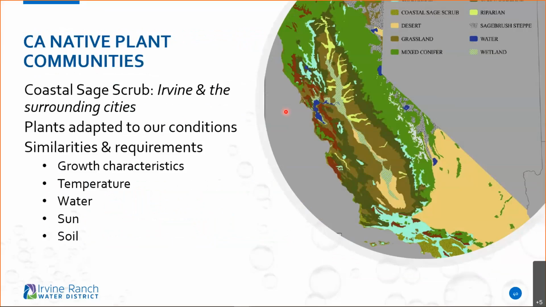Now, when it comes to native plants, it's really important to educate yourself a little bit about our plant communities. Irvine and surrounding cities have what we call a coastal sage scrub community. Plants adapted to our conditions, similar requirements.